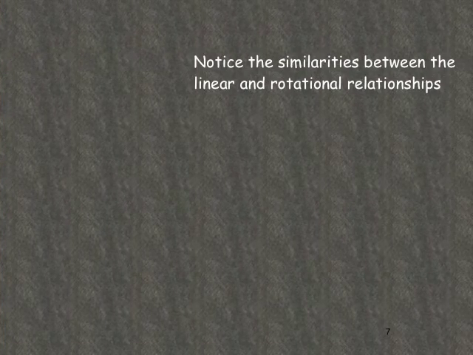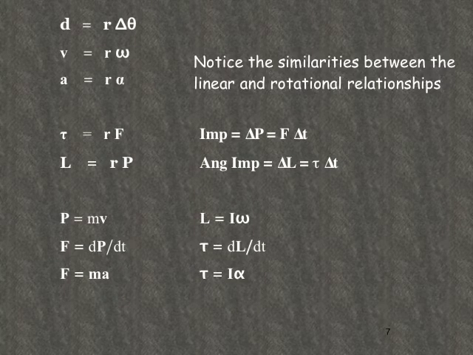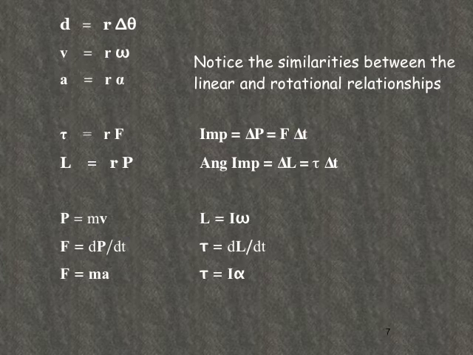Let's look at our relationships of our variables so far. We know distance can be related to angular distance, or delta theta, the angle, by the position vector r from the center of curvature sweeping a delta theta along a distance. Tangential velocities can be related to angular velocities omega by the same factor of r, just as acceleration can relate to angular acceleration by a factor of r.